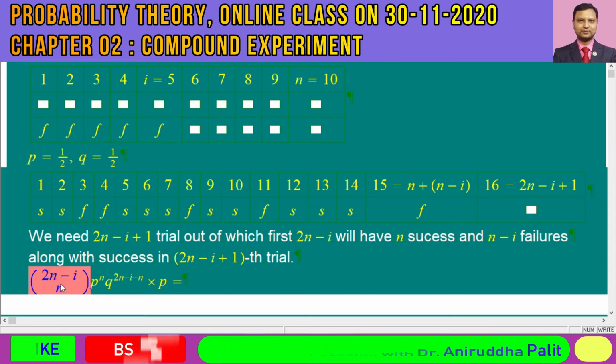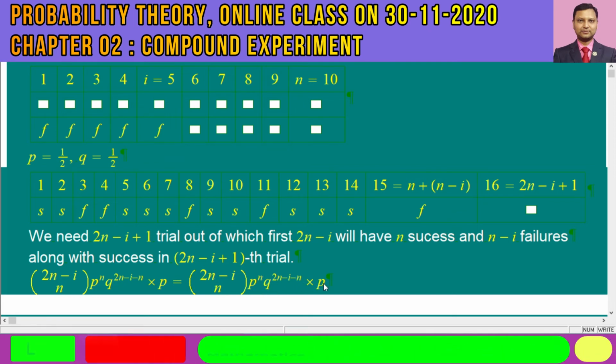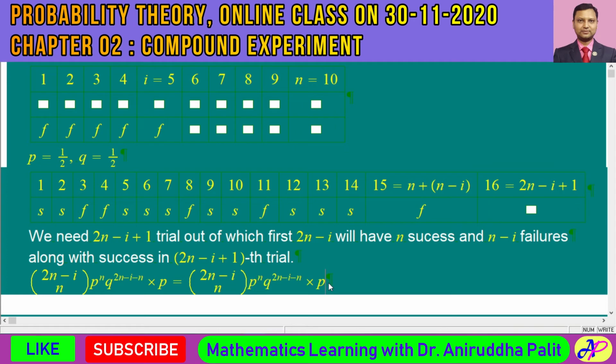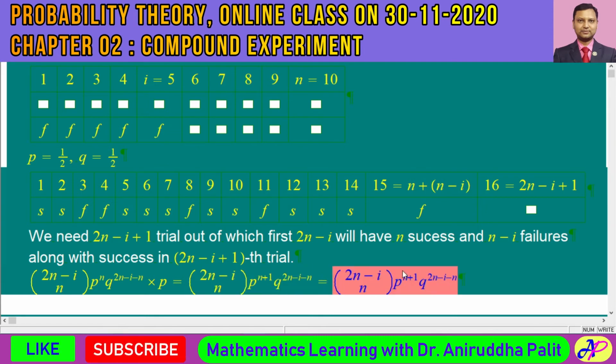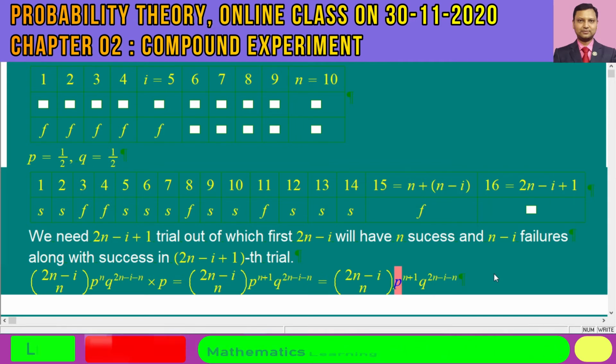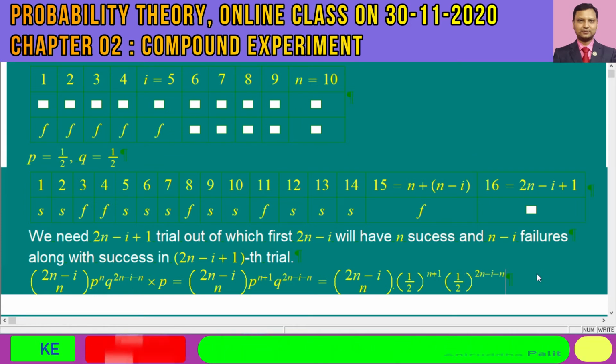So we can say that this value would be equal to p to the power of n and this p, these two put together make p to the power of n + 1. Therefore this would be equal to 2n − i C n, half to the power of n, and again q is equal to half, therefore half to the power of 2n − i − n.